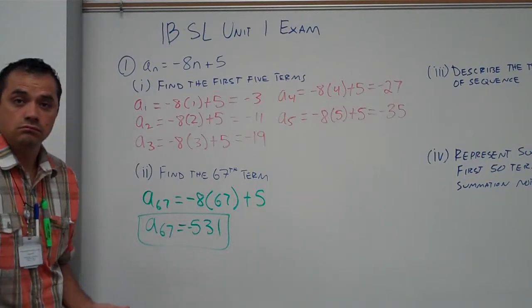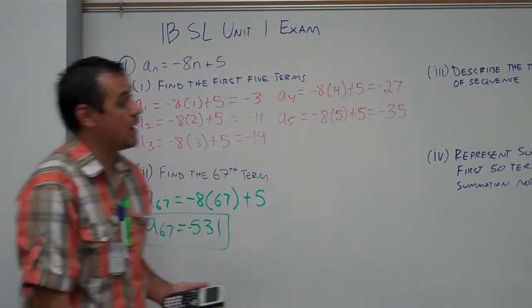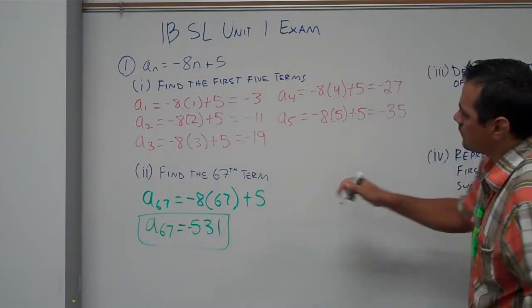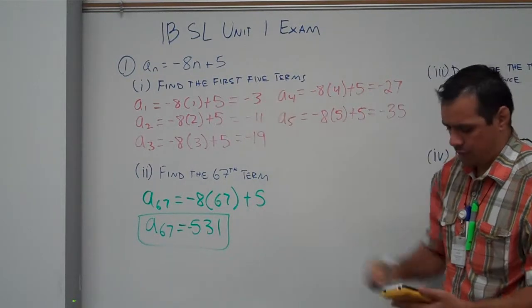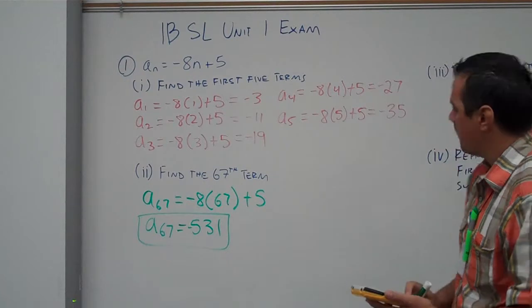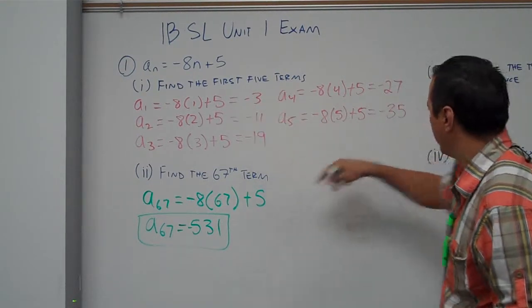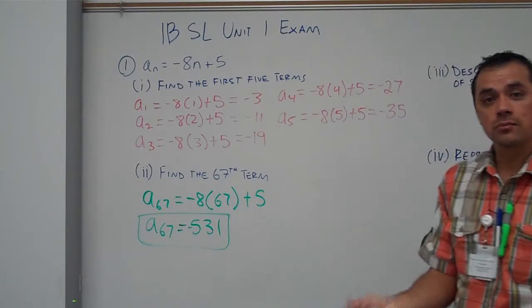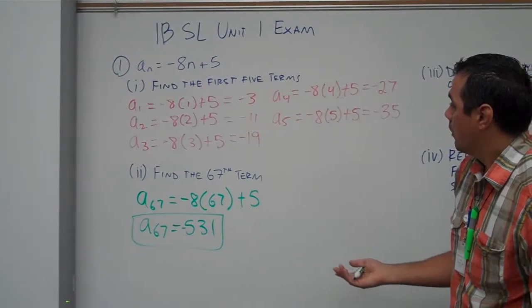There it is. Now, if we move over here, we have describe the type of sequence. Notice we have negative 3, negative 11, negative 19, negative 27, negative 35. There are 2 types of sequence: either geometric or arithmetic.